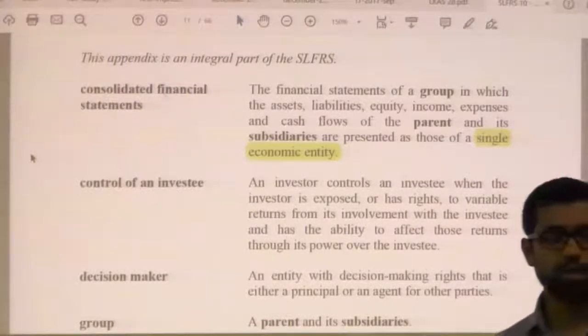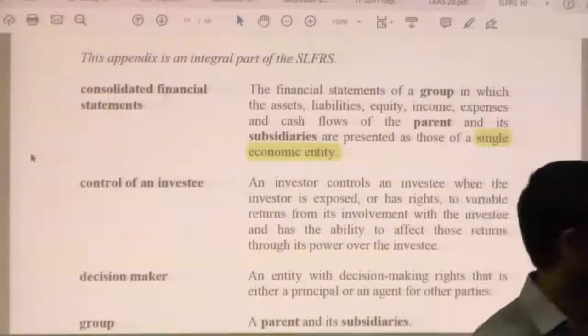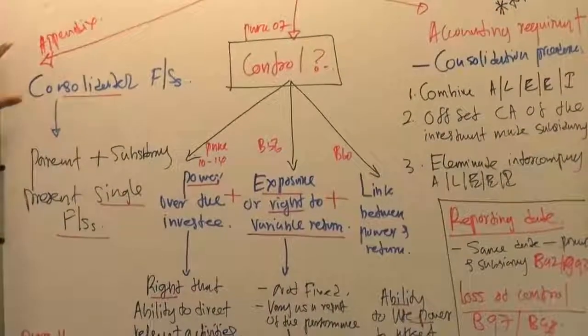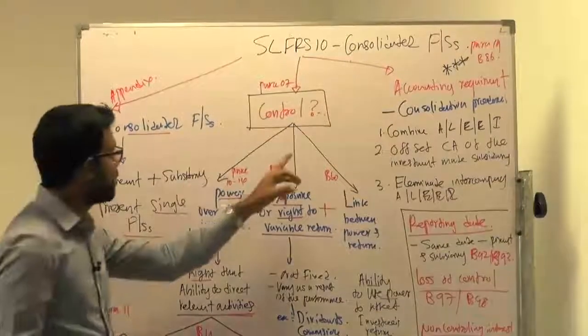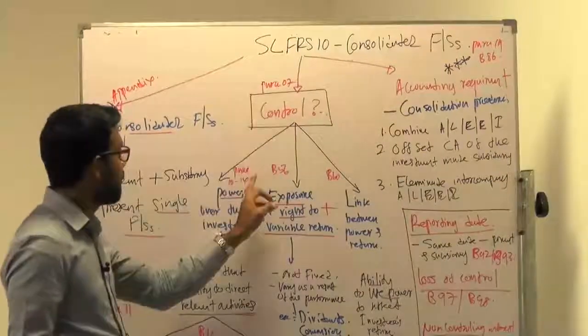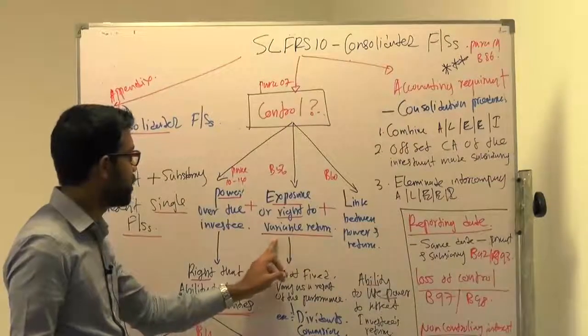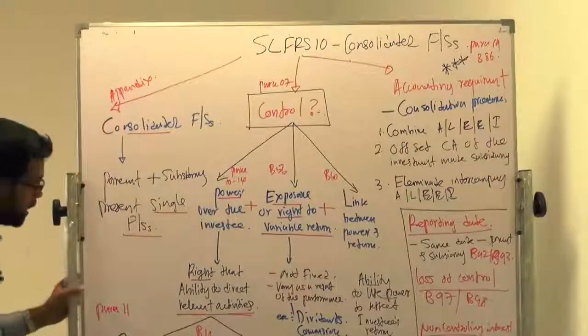Now by using those consolidation procedures, I told you I will discuss a simple exam question. Before that, we will take the screen and I will show you the paragraphs. Here, the definition is in the appendix. Control is explained in paragraph 7, paras 10 to 14 on power, B56 on exposure or rights to variable returns, and B6 on the link between power and returns.